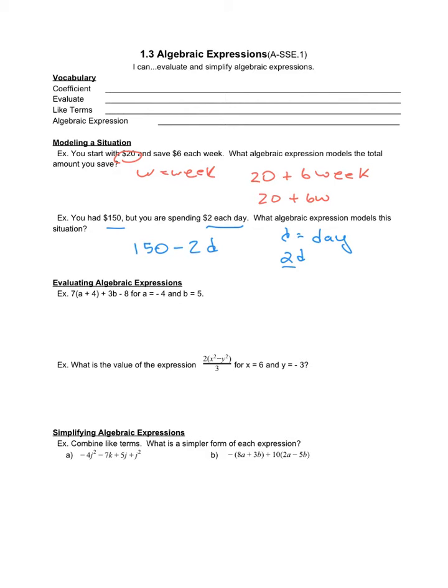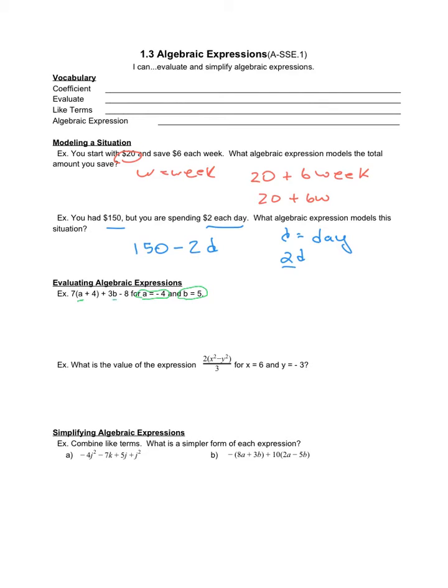Moving into evaluating algebraic expressions. What they've asked us to do here is basically substitute and simplify. So in this example, wherever I have an A, it says 7 times A plus 4 plus 3B minus 8, and you're evaluating it for A is negative 4 and B is 5.